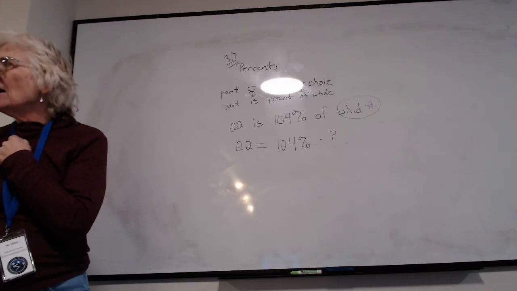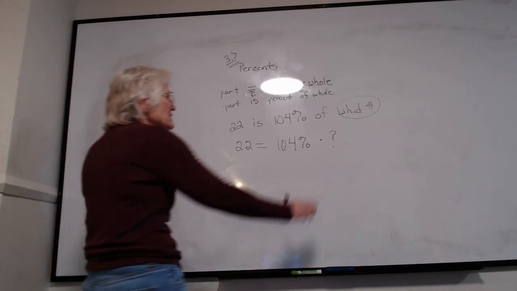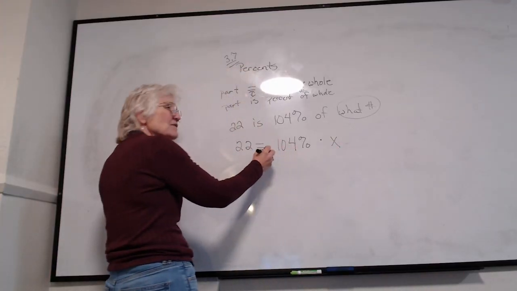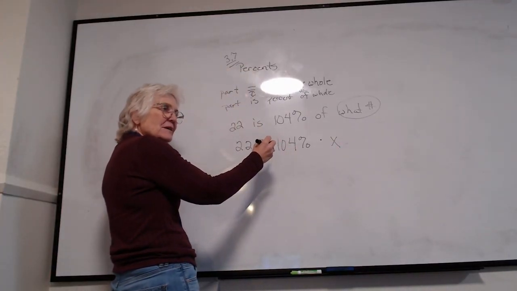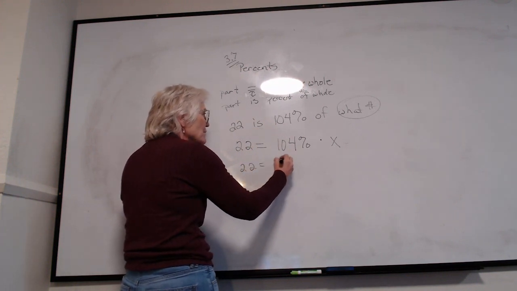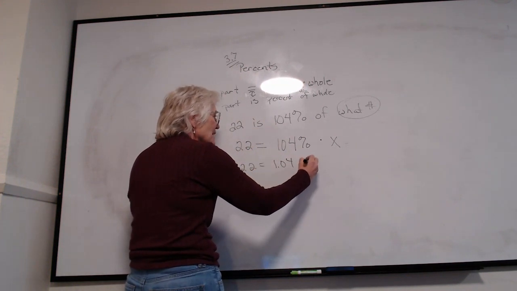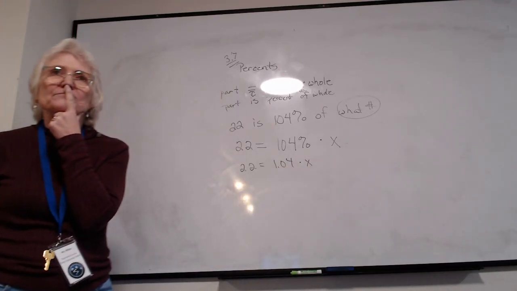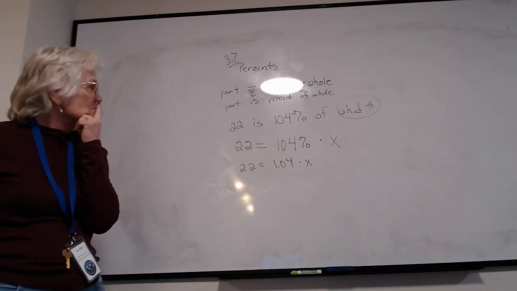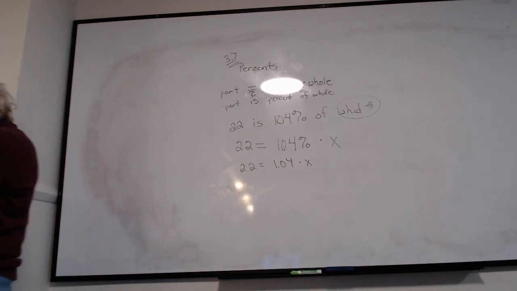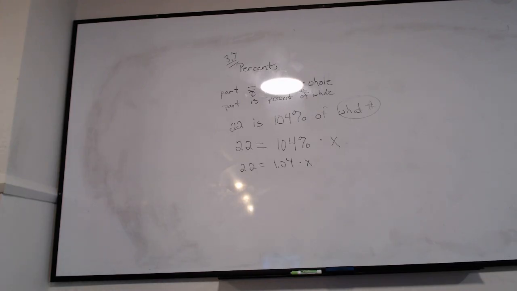Now, remember when we solved these, we could put an X here. I want to get rid of this. So first I'm going to write it as 22 equals 1.04 times X. How do I get rid of that 1.04? You divide the number.